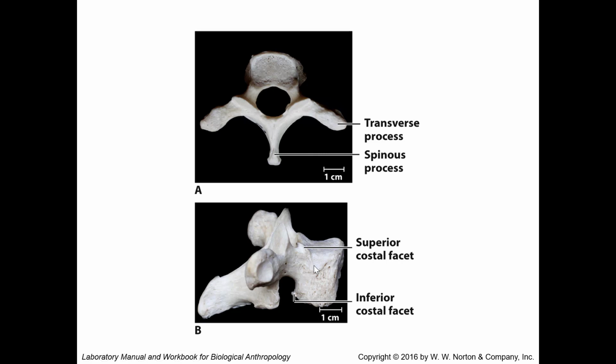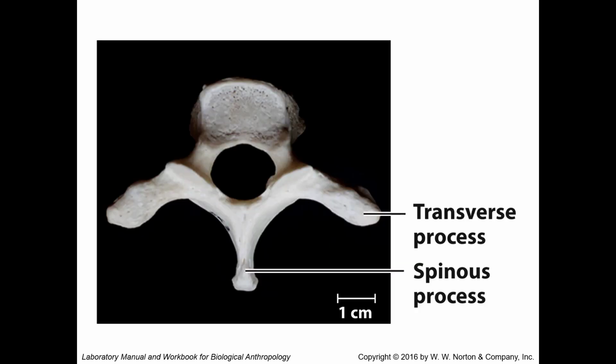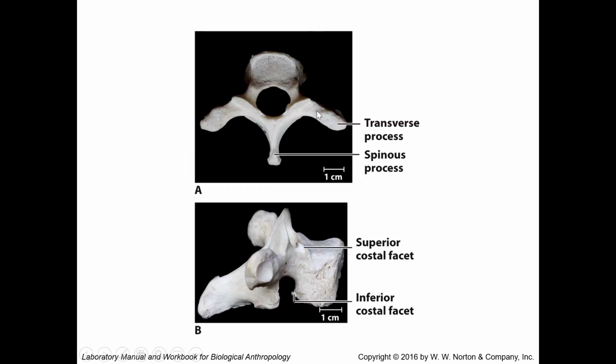The spinous process on the thoracic vertebra are unusually long. So the spinous process back here, you can see it a little bit better here. They're unusually long and they're oriented so that they point downward and they will overlap one another. Actually, I like the view of both of them. So they overlap one another.